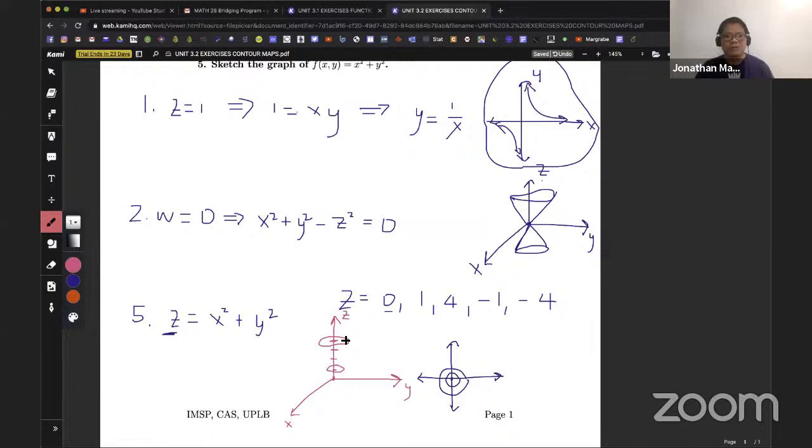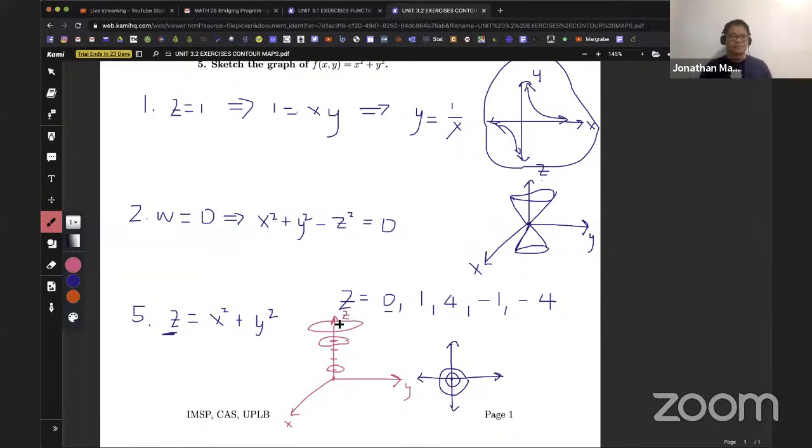Now, kung titingnan nyo yung ganitong klase ng graph, as you increase the value of z, tumaas ang tumaas yung curve natin, the graph is also a circle. Lahat sila ay circle, pero nag-i-increase yung radius.